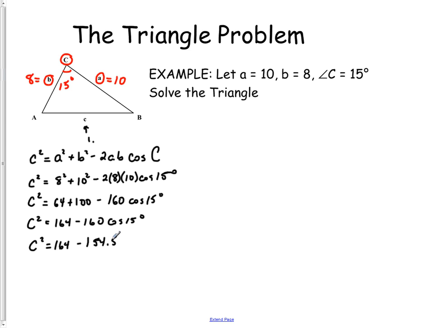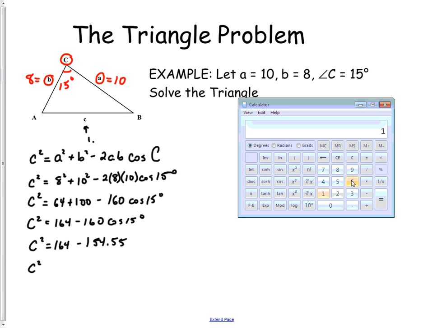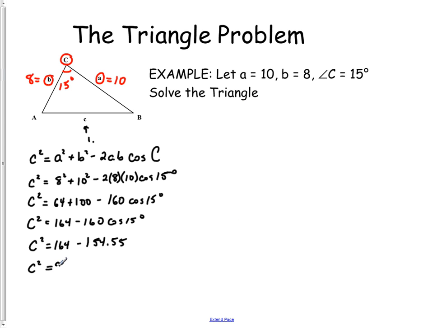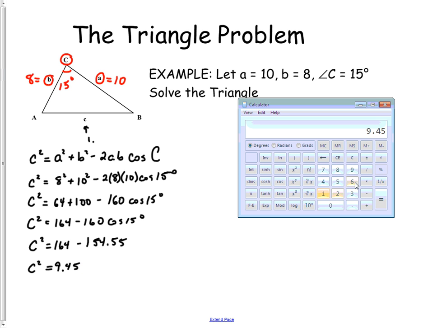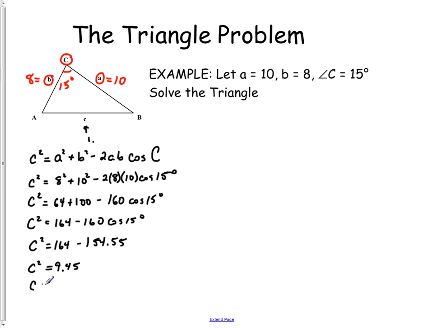So that's going to give us 164 minus 154.55, which is 9.45, and of course we take the square root of that number to get our length of side C. The square root is 3.07, so C would be approximately 3.07.